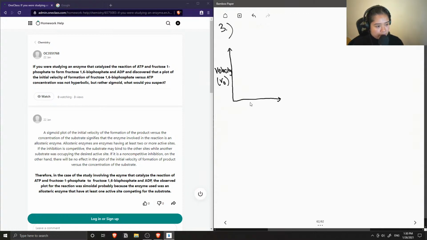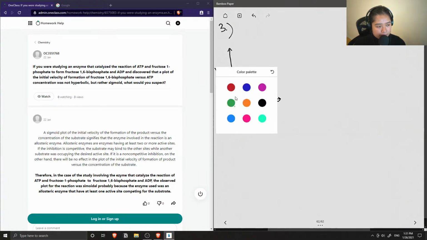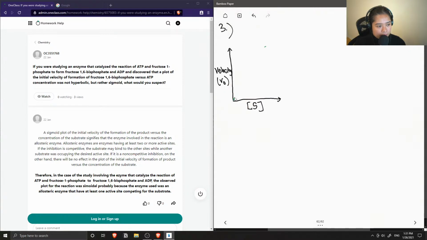I'm just going to put the concentration of our substrate. And for a common enzyme, this graph looks hyperbolic. So it kind of looks like this. And this is the graph of a common enzyme.